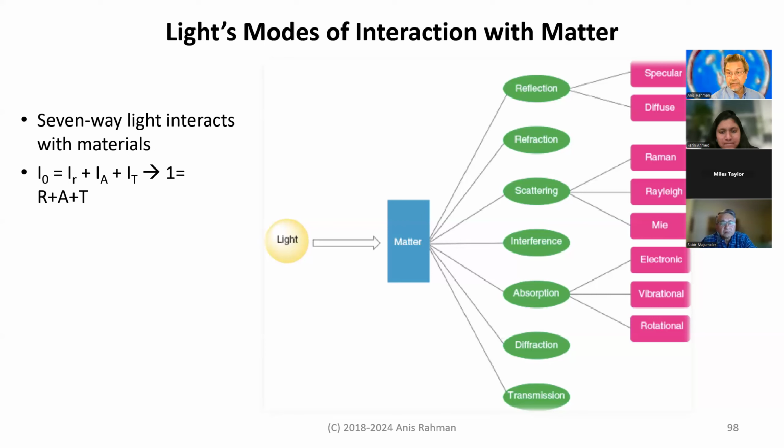That has certain applications, but we're not going to focus on that. In scattering, there is Raman scattering, Rayleigh scattering, and Mie scattering. Then absorption: there is electronic, vibrational, rotational, and in fact also torsional and conformational. Those things are also important.